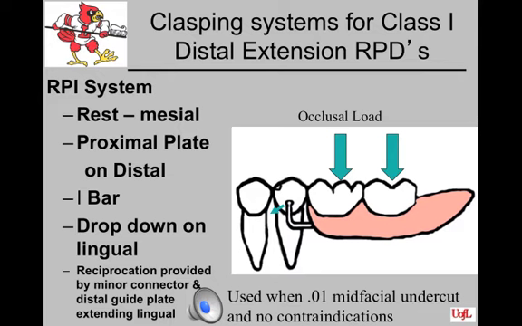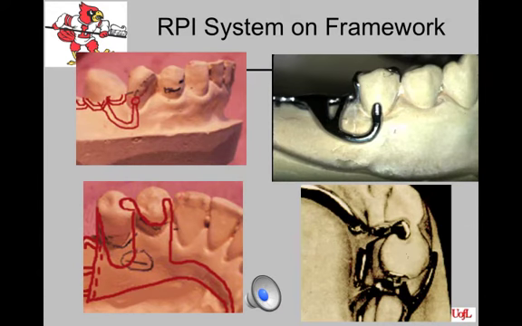The RPI is used when there's a 0.01 midfacial undercut and when there is no contraindication to the use of a bar-type clasp. This slide shows a drawing of the I-bar, and it shows that the I-bar first engages the tooth or touches the tooth at the 0.01 undercut.